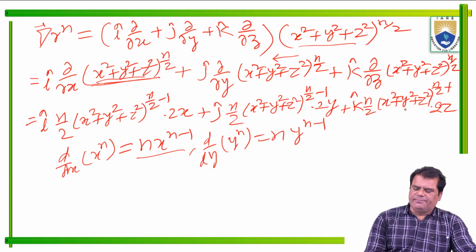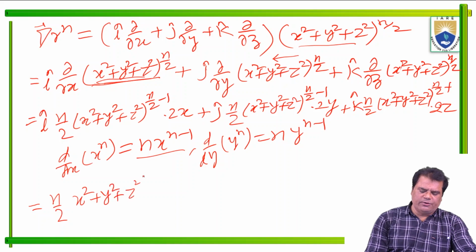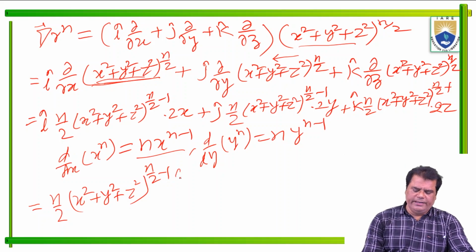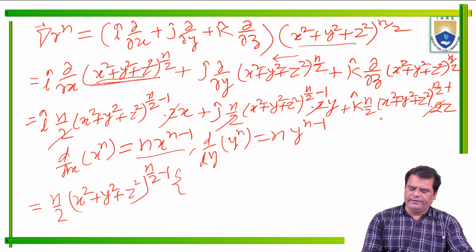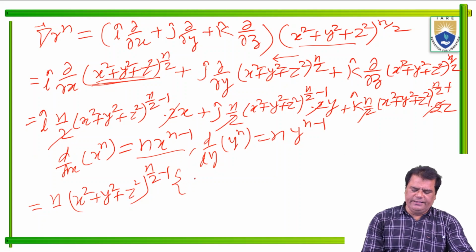So this function is common: n/2 is common, and (x² + y² + z²)^(n/2 - 1) is common. And here the 2 is cancelled, so n is common. What remains is xi + yj + zk.